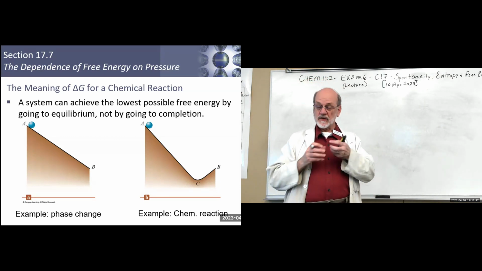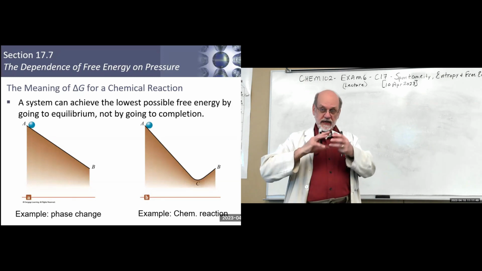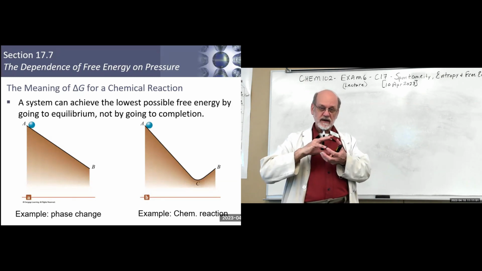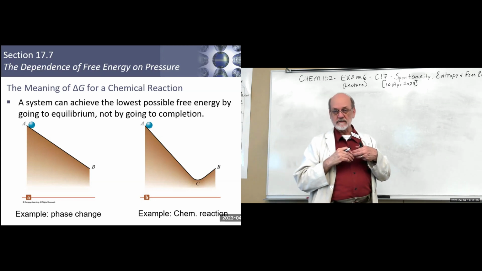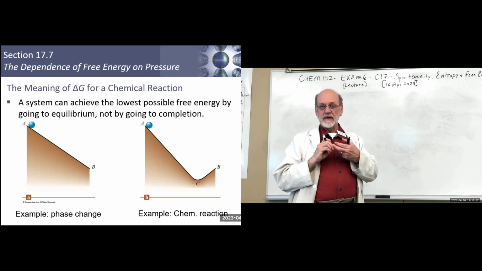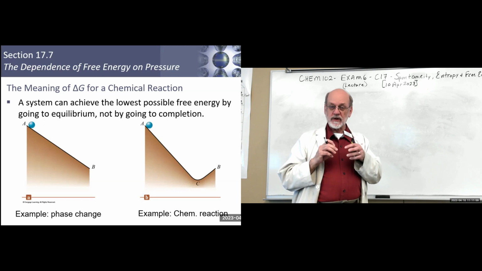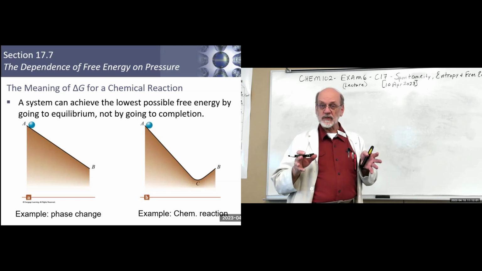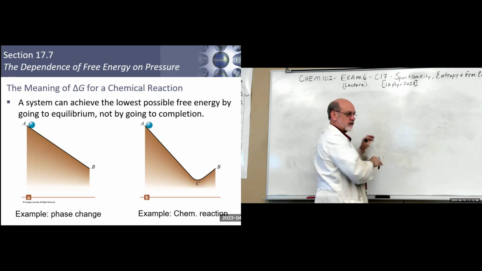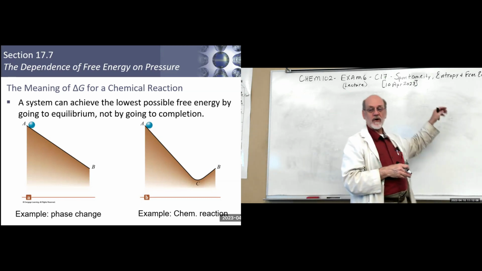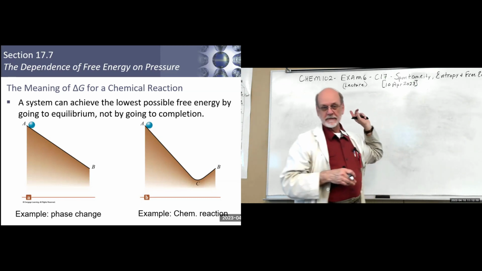The system, the one that we're discussing, the one where the chemical reaction is occurring, can achieve its lowest free energy state by going to equilibrium, not necessarily to completion. Right? So we could have reactants and products. We don't have to have reactants going all the way to products and no reactants left.